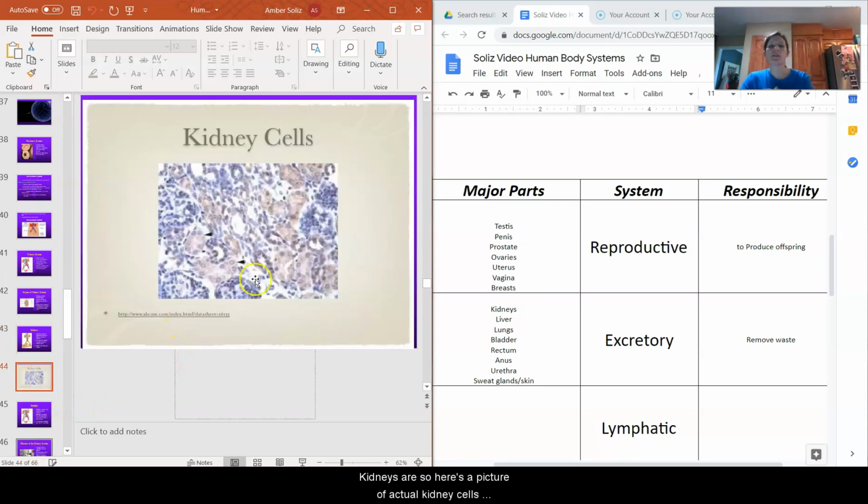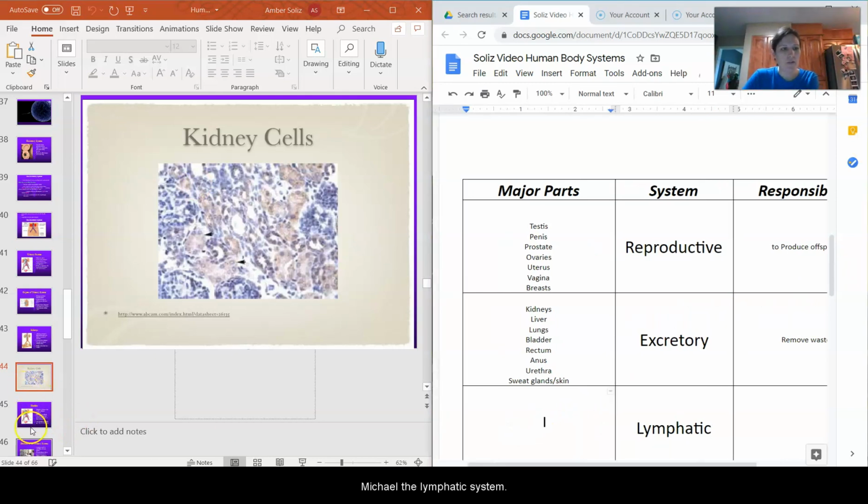Kidneys. All right, so here's a picture of actual kidney cells. Again, they kind of look like cardiac cells, but if we zoomed in on just one of them, it would probably look different than a cardiac cell because structure equals function. So a kidney cell's job is different than a cardiac cell's. Very good.